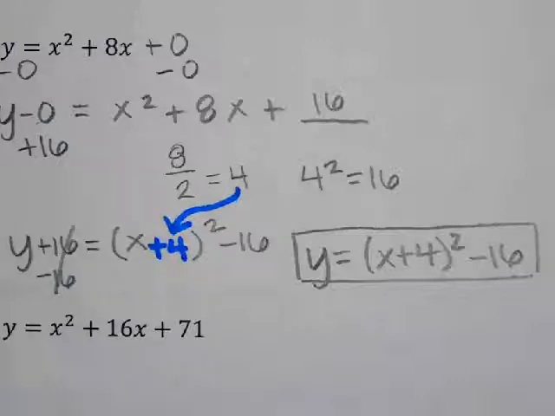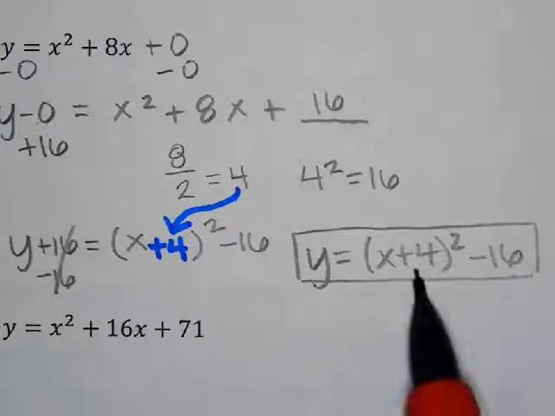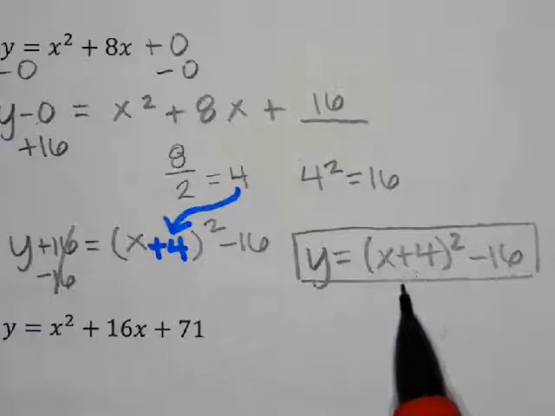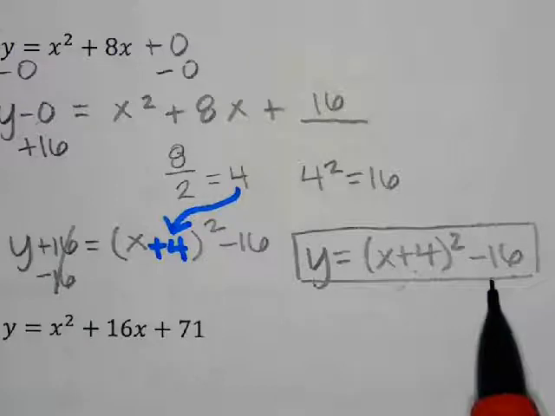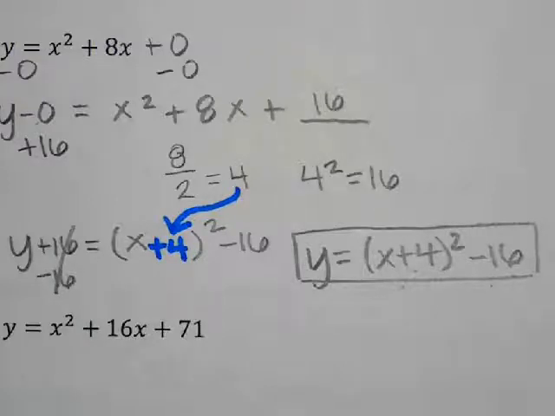How far does the graph go left or right? How far does the graph go up or down? It goes to the left 4 because it's the opposite of what you would think. So it goes left 4, down 16. Yeah, good. Okay, what other problem do we want to do?